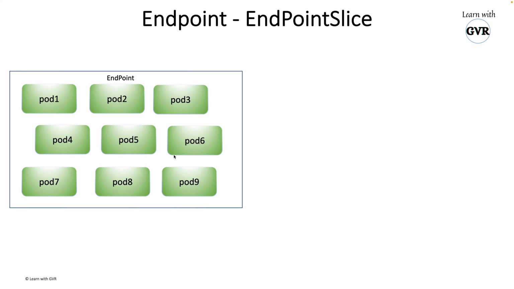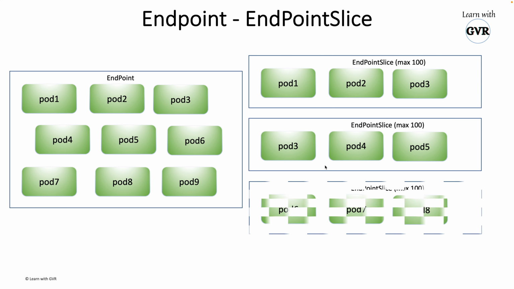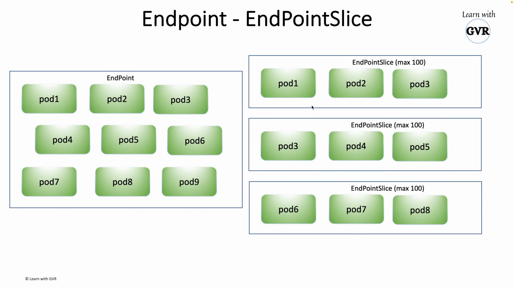So the problem with the endpoint is that it becomes a big fat object. If you create 100 pods, all 100 pods will be mapped to this one endpoint. In order to overcome these endpoint-specific problems in a more scalable and efficient way, the slice is nothing but making pieces. The pods are sliced and cut into equal numbers of pieces with an object called endpoint slice.